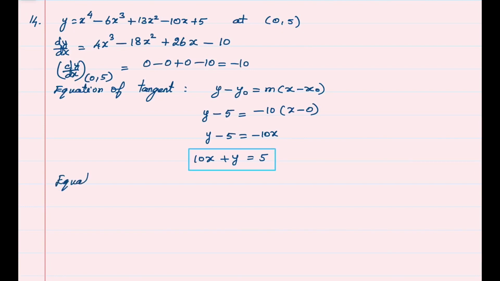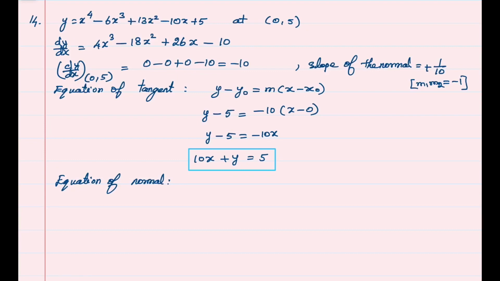We have to find the equation of the normal also. If slope of the tangent is minus 10, slope of the normal will be plus 1 upon 10. Change the sign and write the reciprocal. That is, using the result m1 m2 is minus 1.